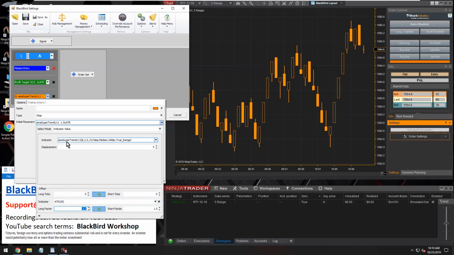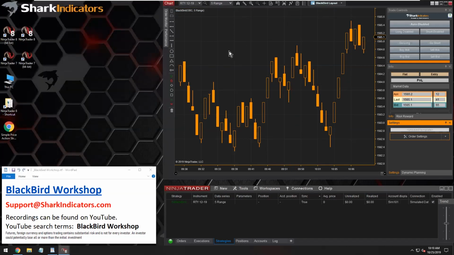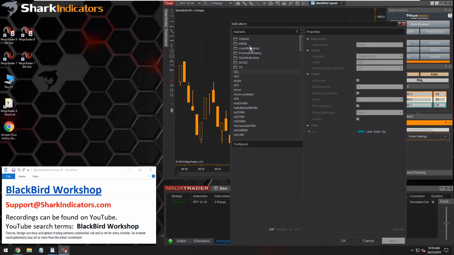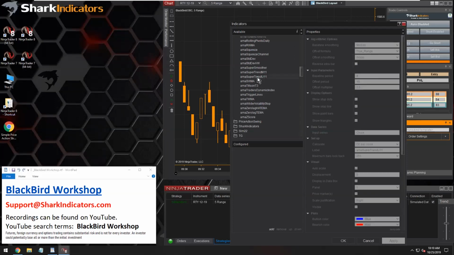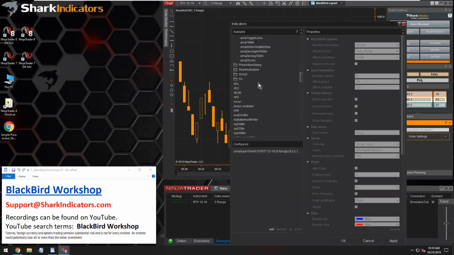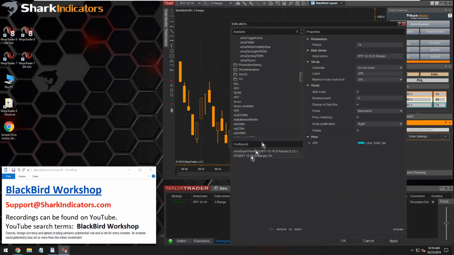The big difference between the super trend and the ATR indicator is that the super trend plots a fixed price value. Let's go put those two indicators on the chart. Okay, there is the super trend, and let's also put the ATR on there as well.